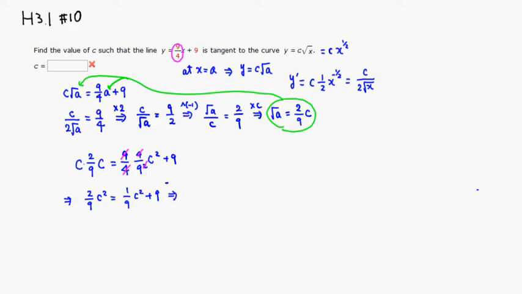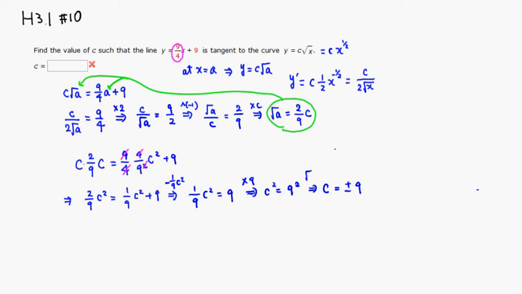Then we can subtract 1 over 9 c squared to get 1 over 9 c squared is equal to 9. If you multiply by 9, you get c squared is equal to 9 squared. Which means that by taking a square root, c is going to be plus or minus 9.